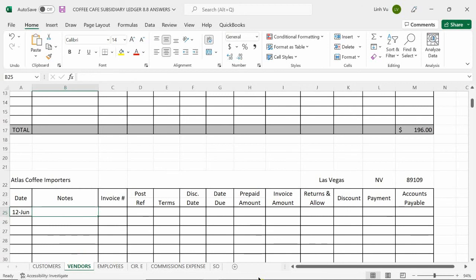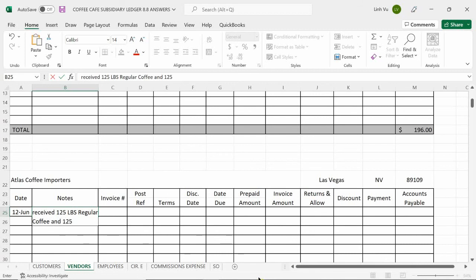You purchased, or in this case, you could say received 250 pounds of coffee, or you could do 125 pounds of regular coffee and 125 pounds of Supreme coffee.